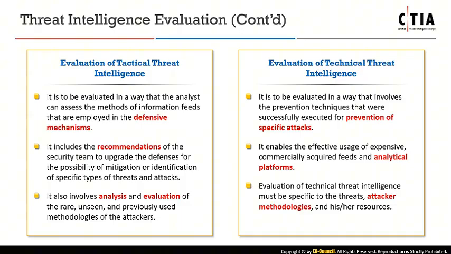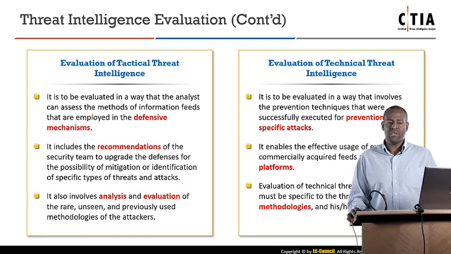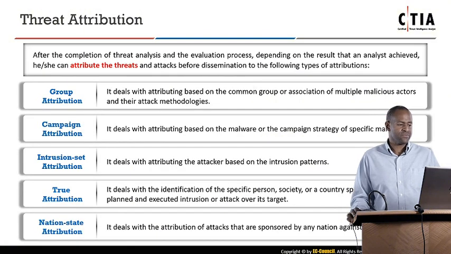So we want to have effective usage of inexpensive, commercially acquired feeds and analytical platforms that are going to allow us to prevent attacks. So we're going to take the information from these threats, looking at attacker methodologies, resources, etc., and use technical threat intelligence to prevent attacks.